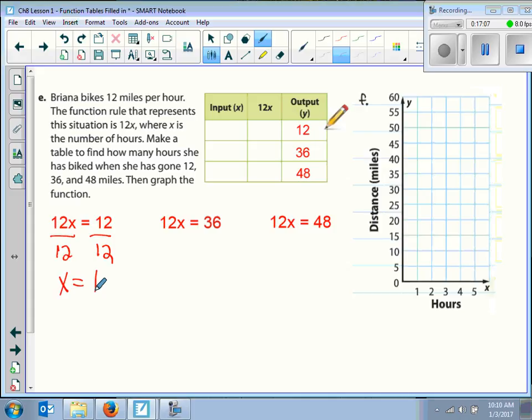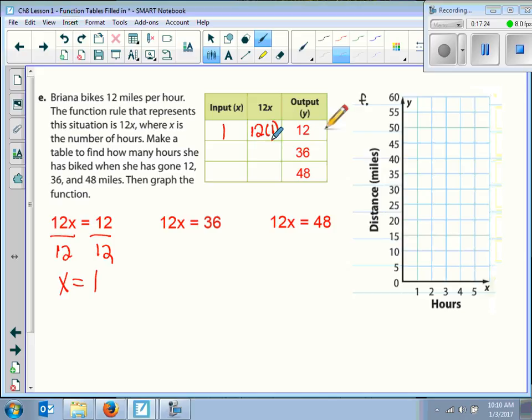Very good. So the input here, 1, this is 12 times 1, gives me the output 12 miles. Is everybody clear? Okay, when you have a word problem, you need to make sure that you know what that x and that y represent.